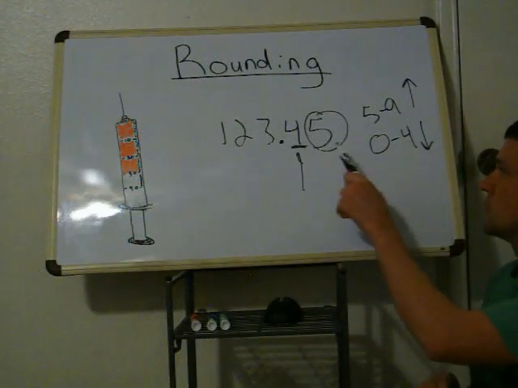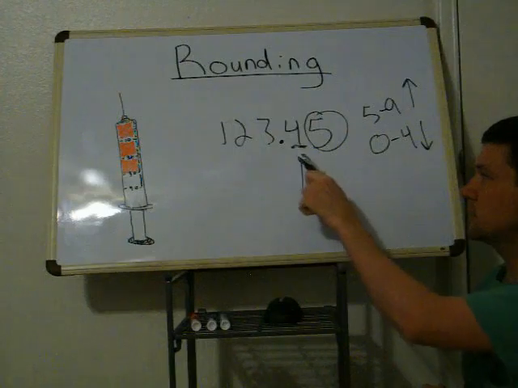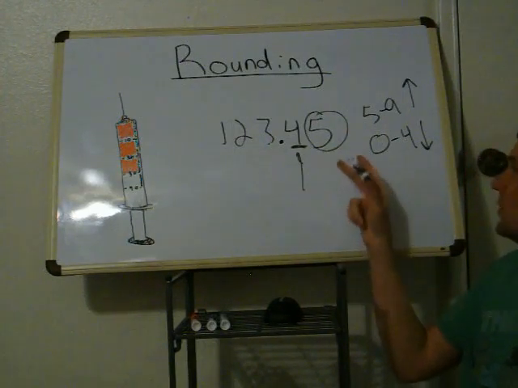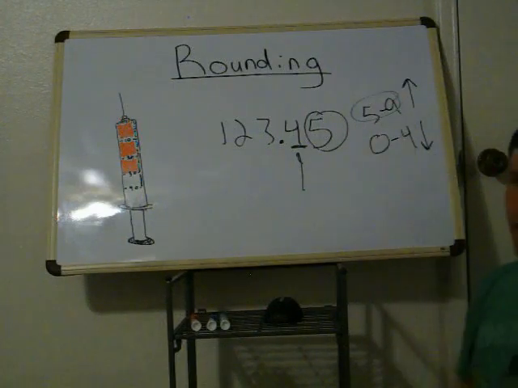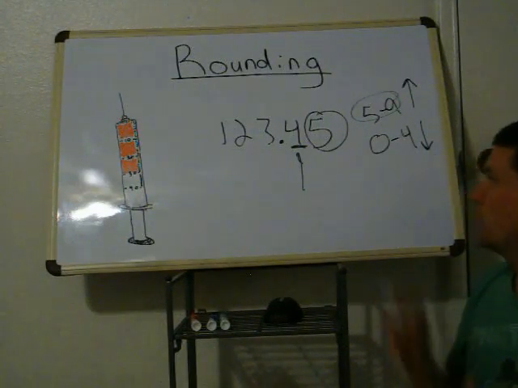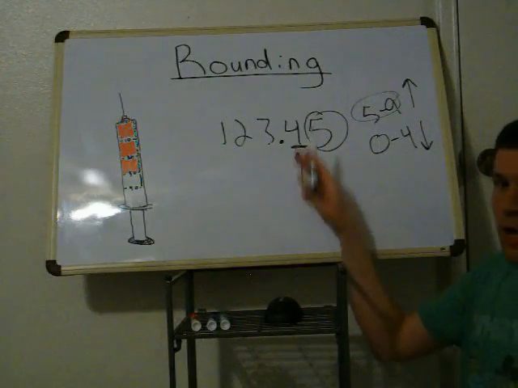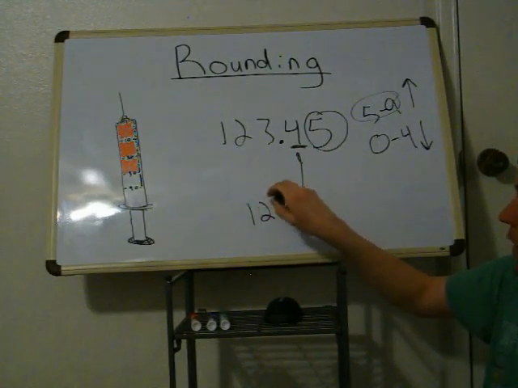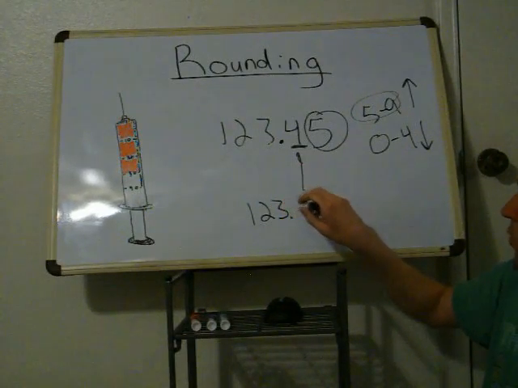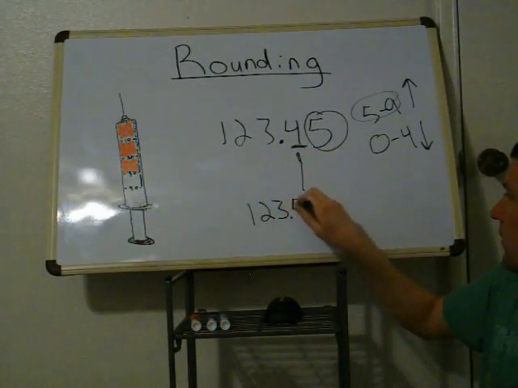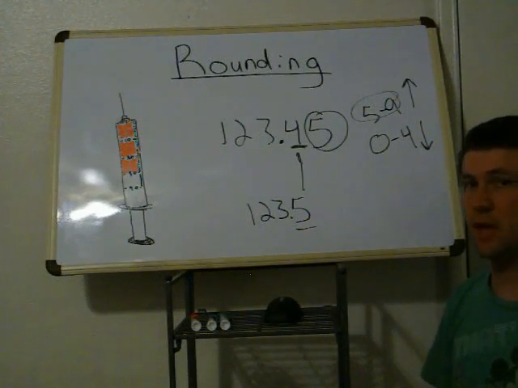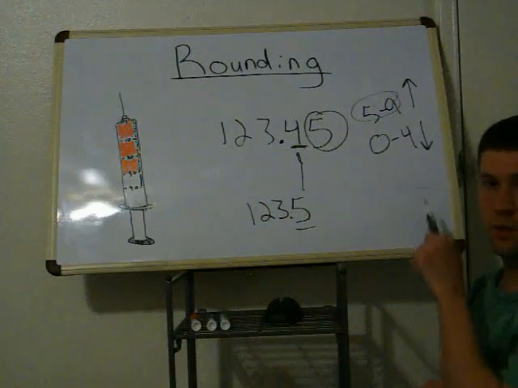So if we're rounding to the nearest tenths place, we look at the hundredths place, and this 5 is in this 5 through 9 category, so we're rounding up. So this 4 goes up one value, and our new value is 123.5. And that's as far as we go. Since we are rounding to the nearest tenth, we don't write anything beyond that.